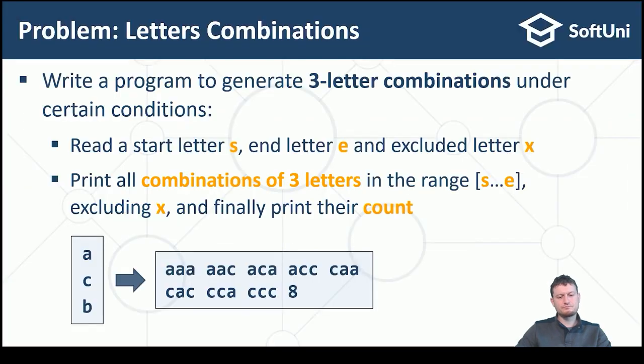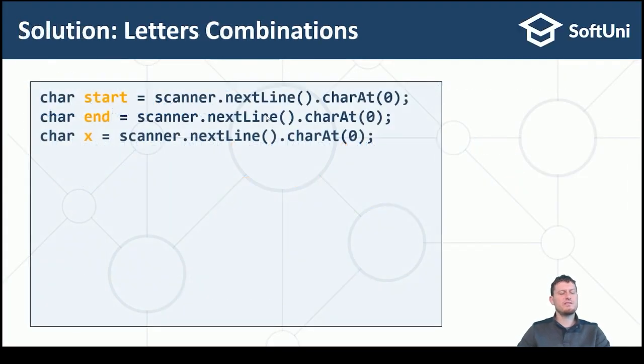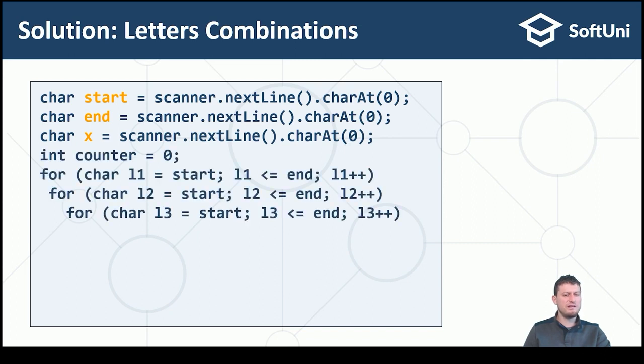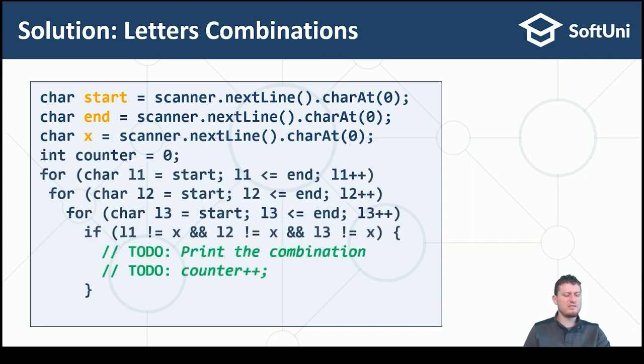Okay, let's go ahead with the solution I had in mind. Start at X. I have three nested loops, and I check whether the first, second, and the third are different than the excluded letter, and I print and increase the counter. Finally, I print the counter. Exactly the same solution which I already had in mind.